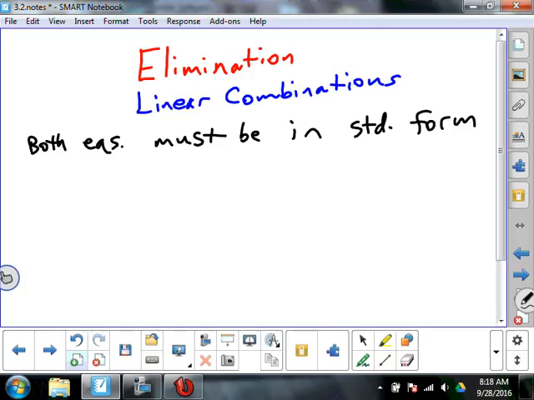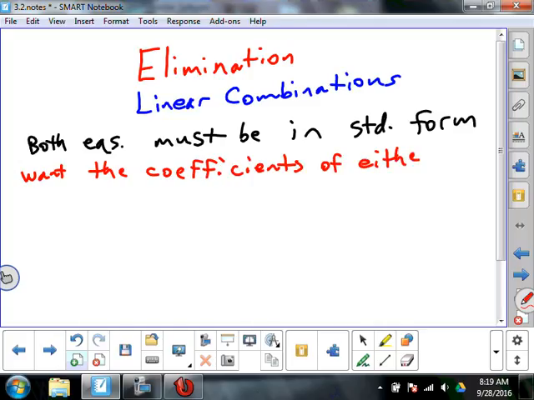And what you want to have happen is you want the coefficients of either the x's or the y's to be either the same or the opposite number. Say that again. So you want the coefficients of either x or y to be either the same.